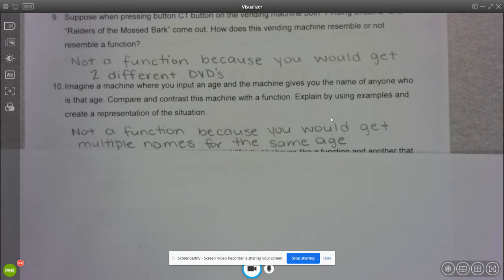So that is not a function because I would get multiple names for the same age. If we did it in the opposite way, if the name was the input and the age was the output, then we would consider that a function.